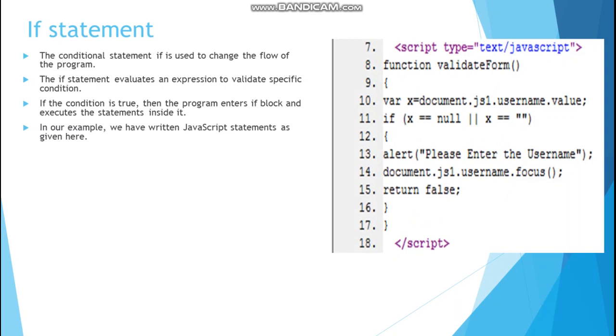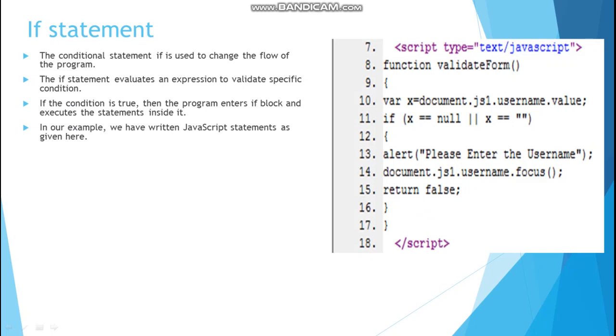So in our example, we have written JavaScript statements as given here. You can see whatever is written inside script and slash script is JavaScript code. Here we have created the function validate form. Inside curly brackets we have written the function code. So x is equal to document.js1.username.